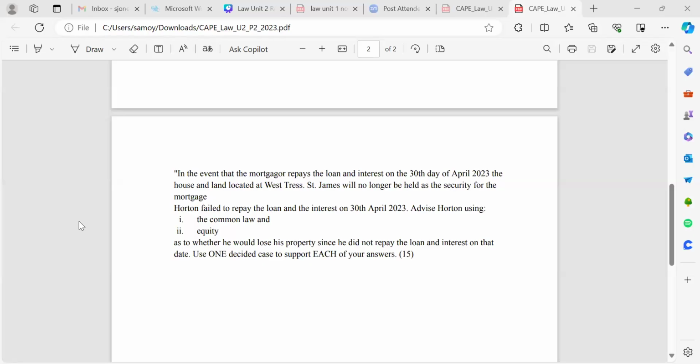The radical change must be a situation where the event must alter the nature of the contractual obligation so significantly that it would be unjust to hold the parties to the original terms of the contract.